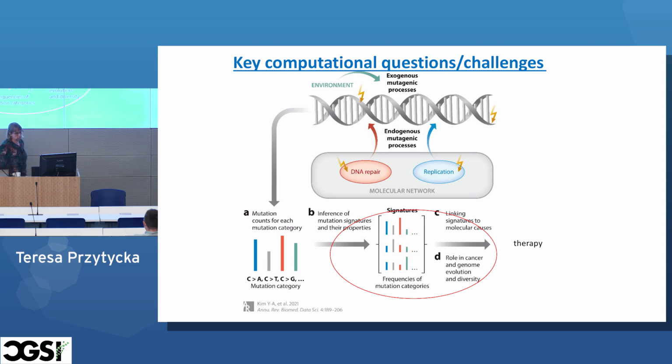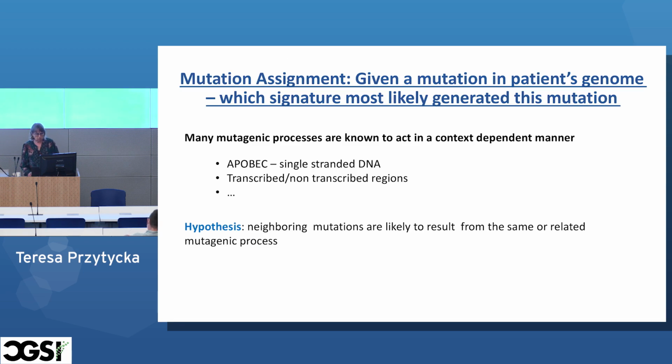So I'd like to be able to have a better understanding of those signatures. Perhaps the first thing that we would like to do is to look at the mutations in the individuals, even assuming that we know what mutational processes are in those individuals, and assign each mutation to the mutagenic process.